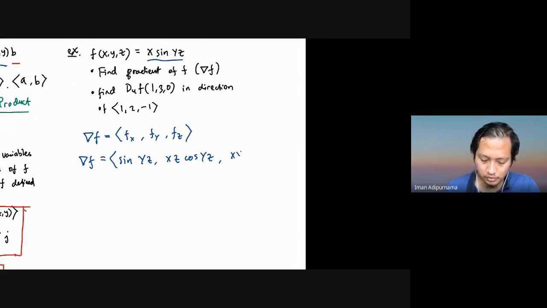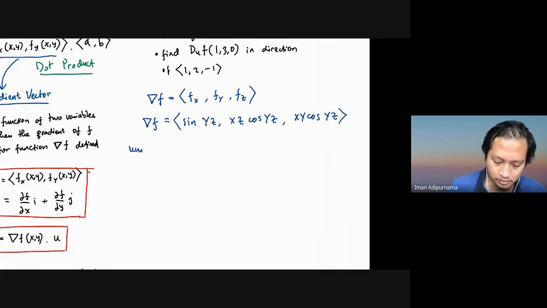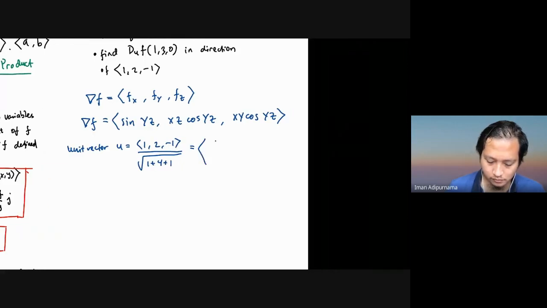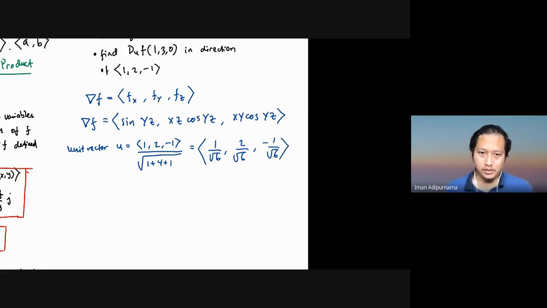And then xy cos yz. And the unit vector. Okay, that's the unit vector.